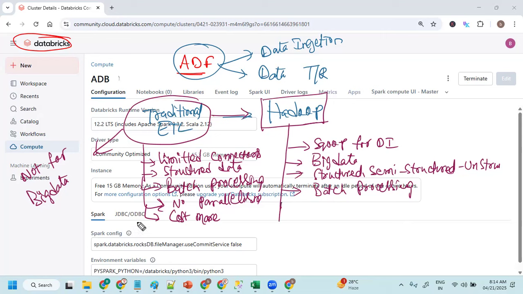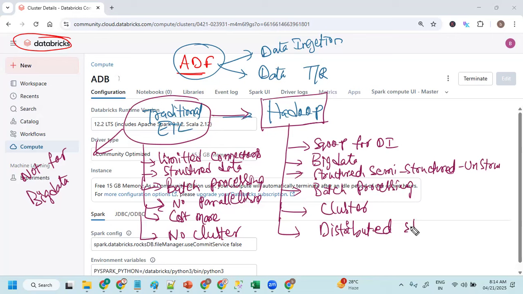In traditional tools, no cluster. And here we are going to have a cluster, with distributed storage and distributed processing.